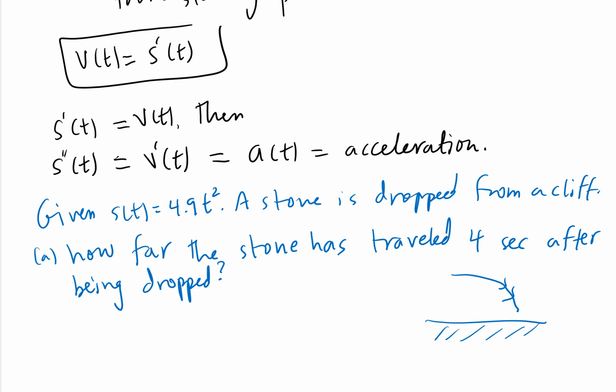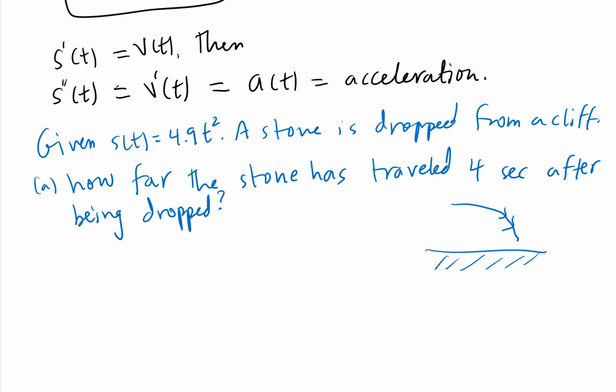So we have an example here. The position function s of t is given as 4.9 t squared. A stone is dropped from a cliff. How far has the stone traveled 4 seconds after being dropped? How far means the distance, the position. So we need to find s of 4, after t equals 4 seconds. All you have to do is substitute 4 for t in the given function. 4 squared is 16.